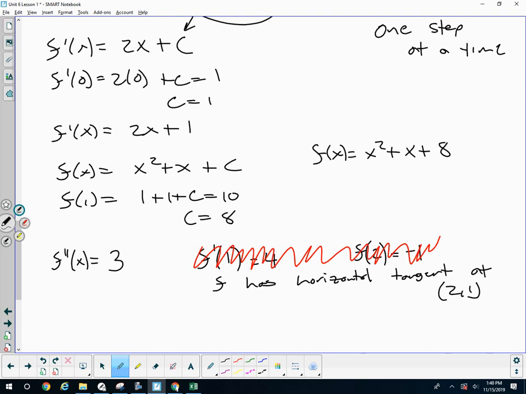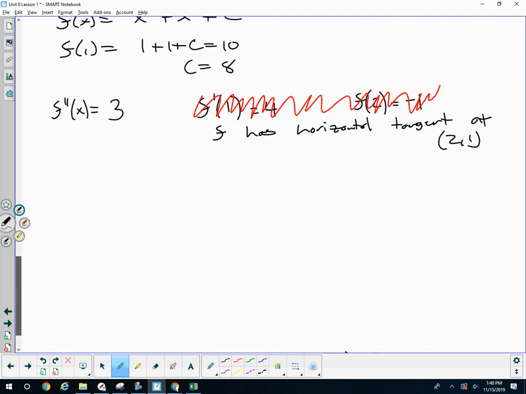All right, let's go from f double prime to f prime. Find f prime. Easy, right? 3x plus c. What information can I use to find this c?